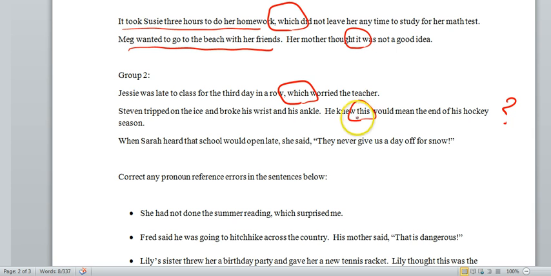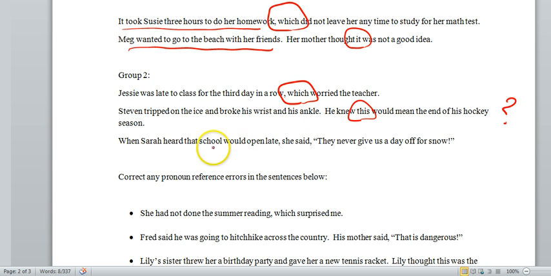This can refer to any of these pieces, or it can refer to the whole thing. This is an unclear pronoun because we don't know exactly which of these results was most significant.